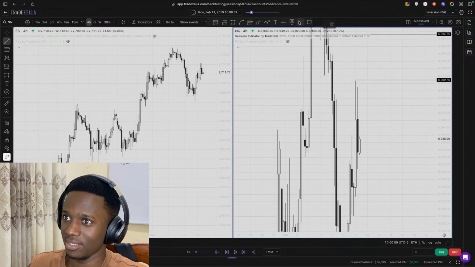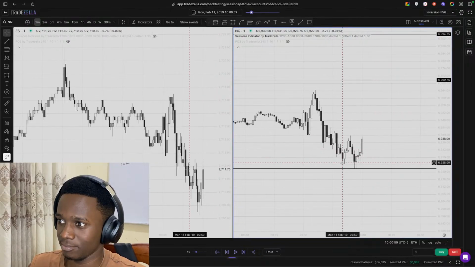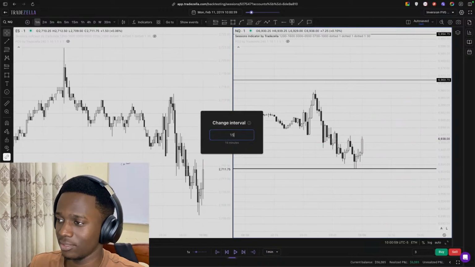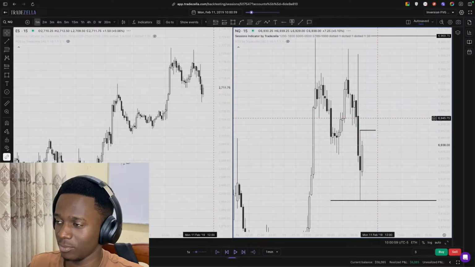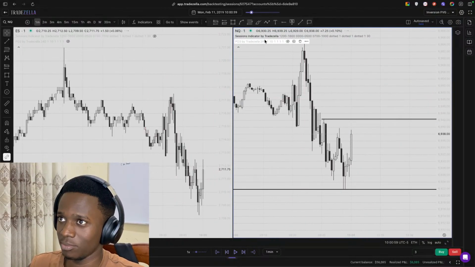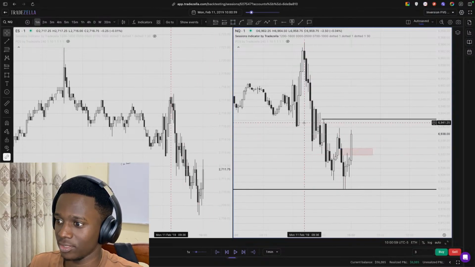leaving behind this gap here for our gap unfilled, but we have a liquidity run on this low here and a small 15-minute gap here. It will move to break even if we are long from this 1-minute inversion here, targeting these highs here.